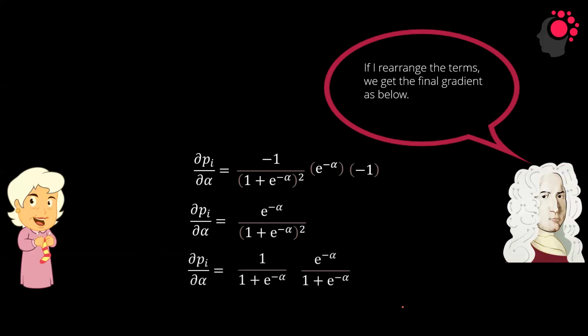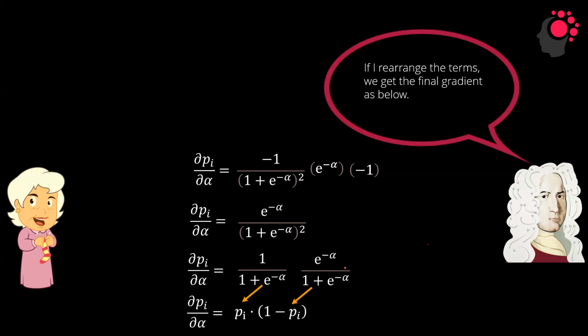Now, because I want to keep things simple, I'm going to rearrange the terms. I'm going to write the numerator as 1 into e power minus alpha, and split the denominator into 1 plus e power minus alpha and 1 plus e power minus alpha. Does it ring a bell? This is nothing but pi into 1 minus pi.